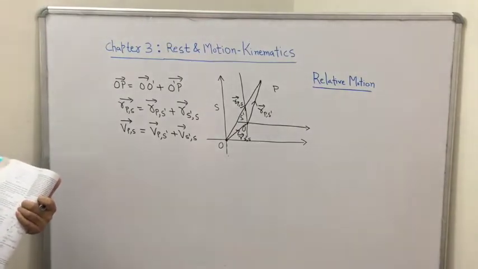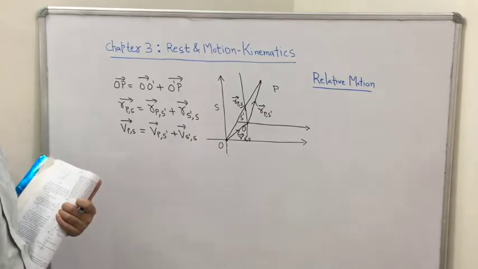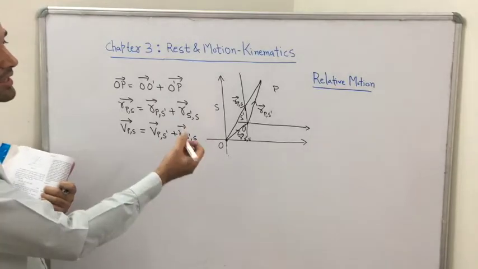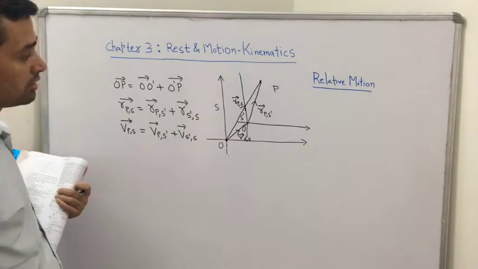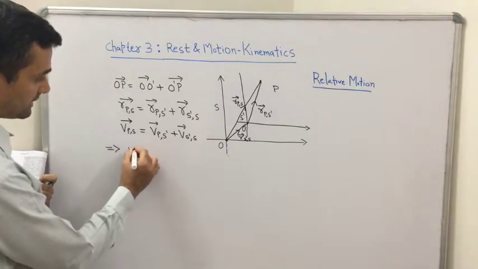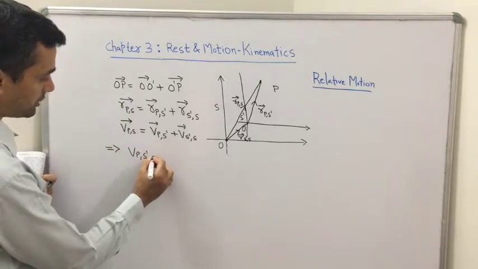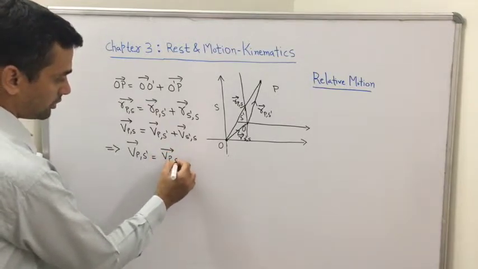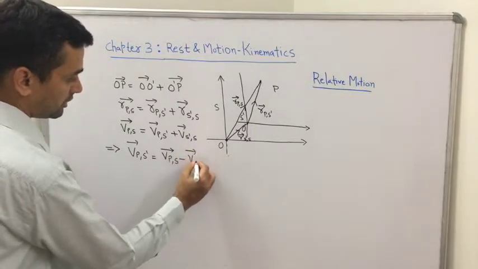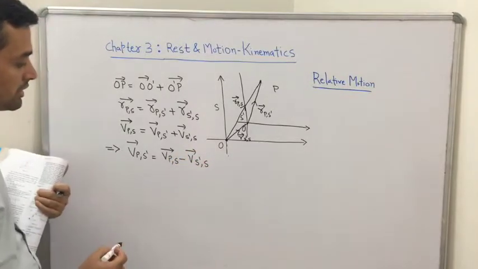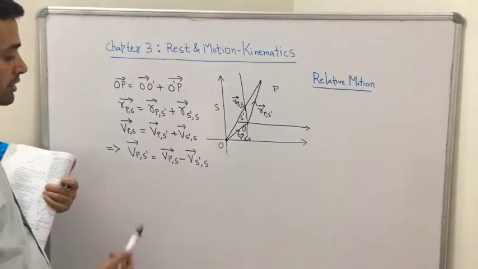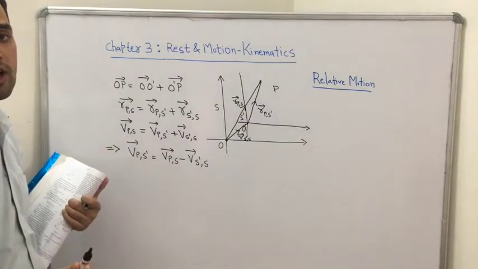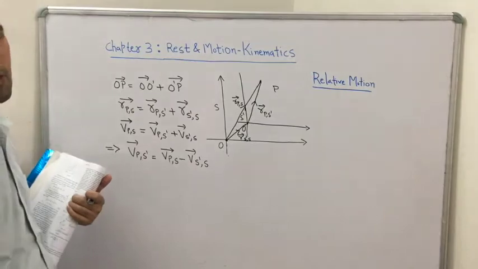Okay. So this gives us very handy and useful equations for position vector and velocity, and how they are related in moving frames. Okay, so by using this I can say V of P with respect to S prime is equal to V of the body with respect to S minus V of S prime with respect to S. So that means that if I have the velocities of two bodies with respect to one common frame, I can find out the velocity of one body with respect to the other body.